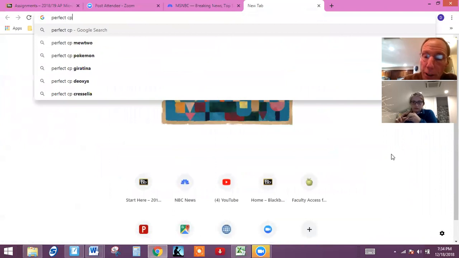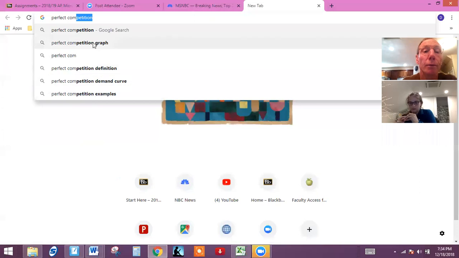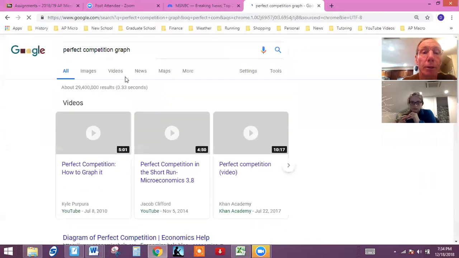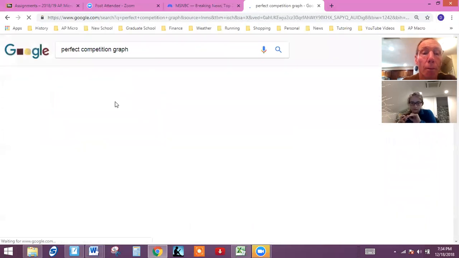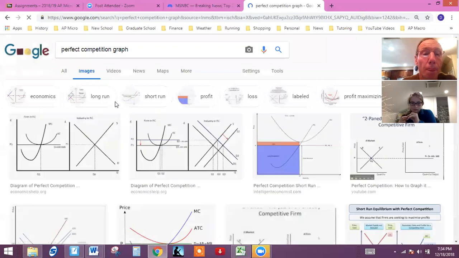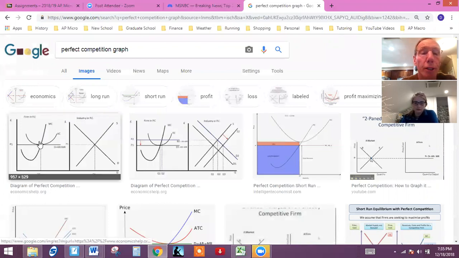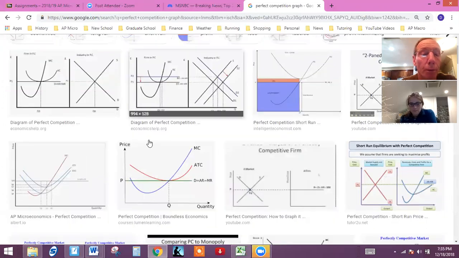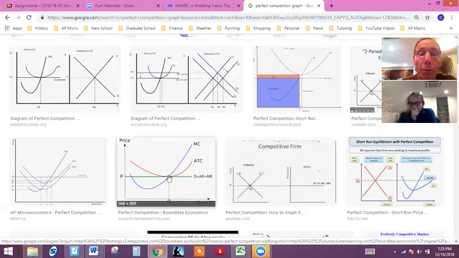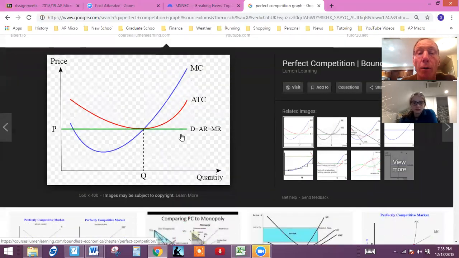Perfect competition graph, see what comes up here. Okay, yeah. So this is really simple. Let me find one that's even more simple. Yeah, here we go. So this is what it looks like.